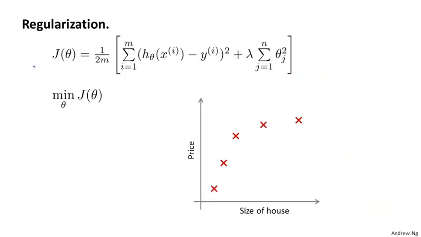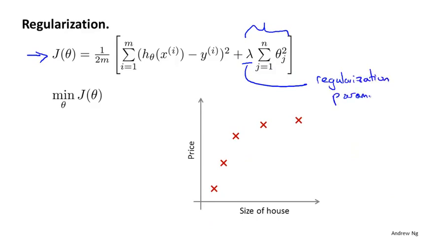Writing down our regularized optimization objective, our regularized cost function again, here it is. Here's J of theta, where this term on the right is the regularization term, and lambda here is called the regularization parameter. And what lambda does is it controls a trade-off between two different goals.